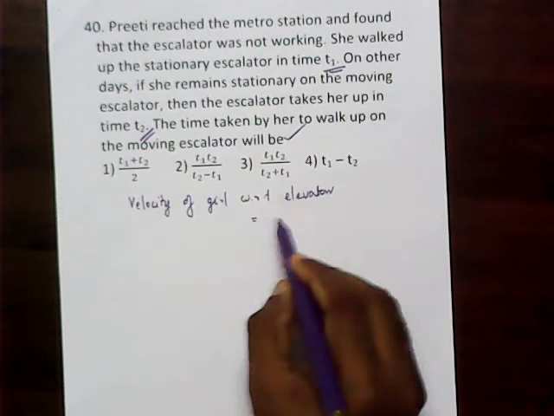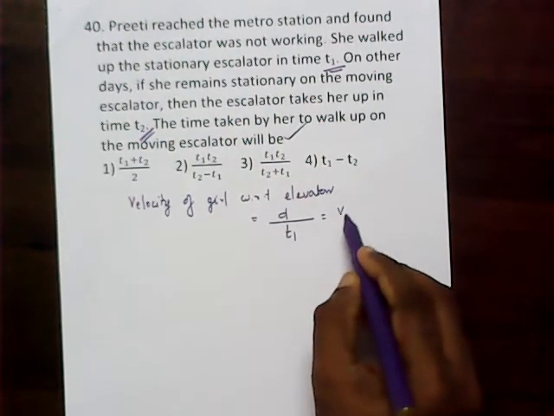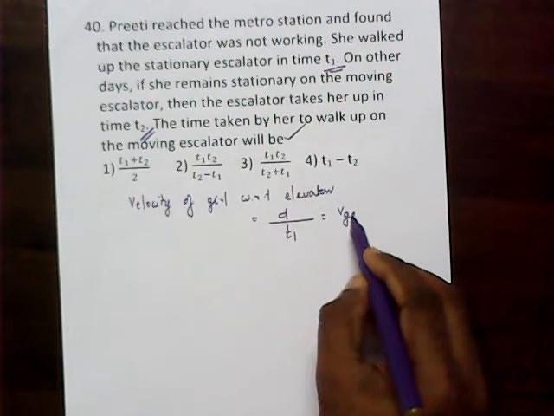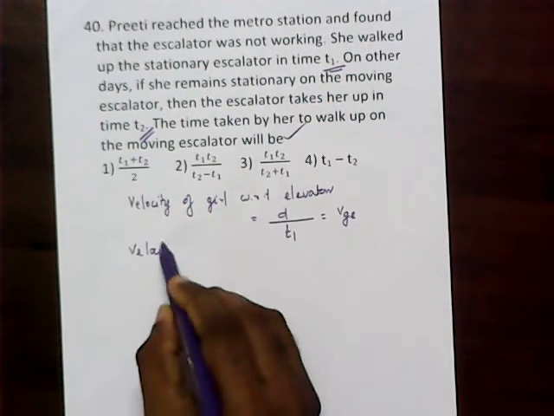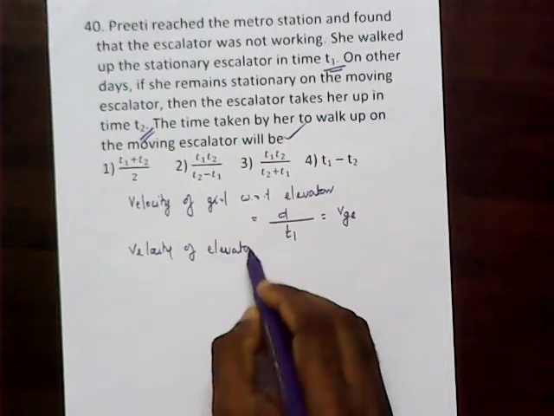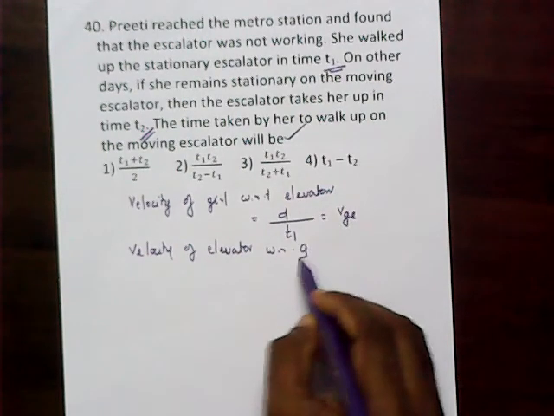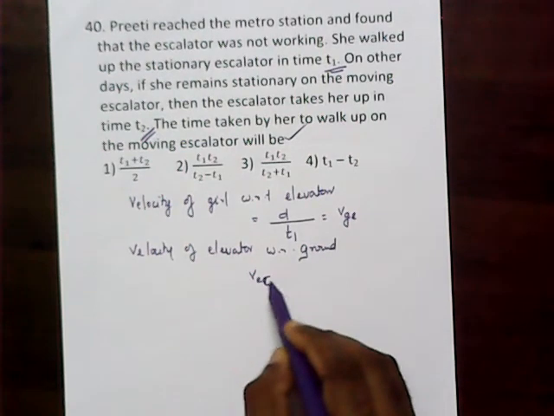We can find the distance traveled divided by the time T1, so we can represent it as V_GE, girl with respect to escalator. Then what is the velocity of the escalator with respect to the ground?